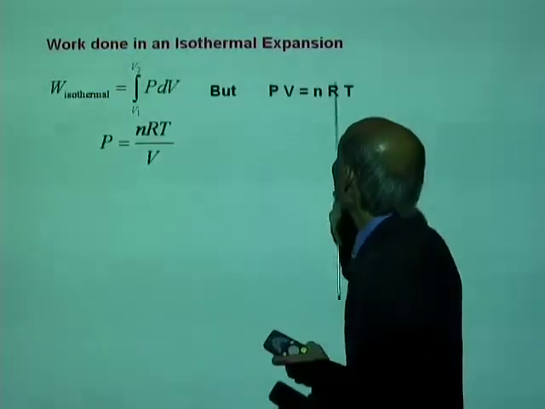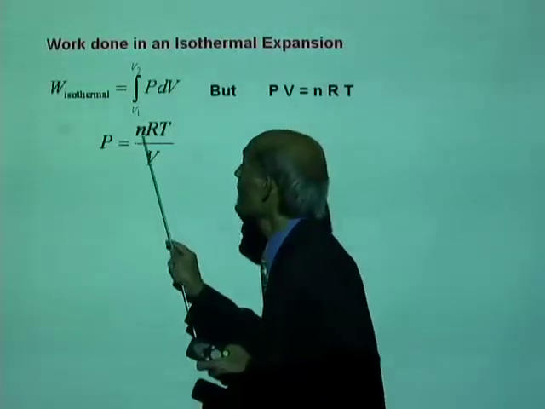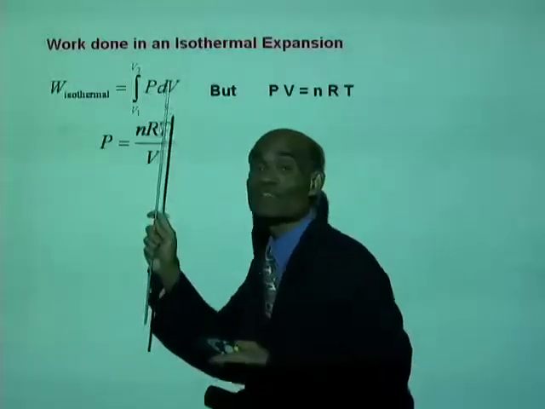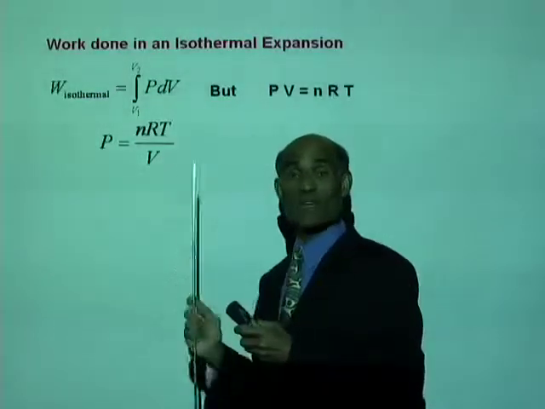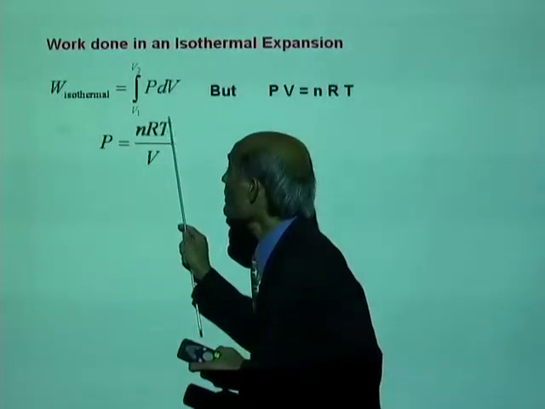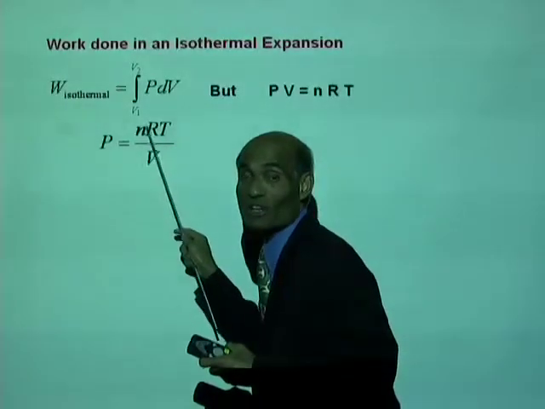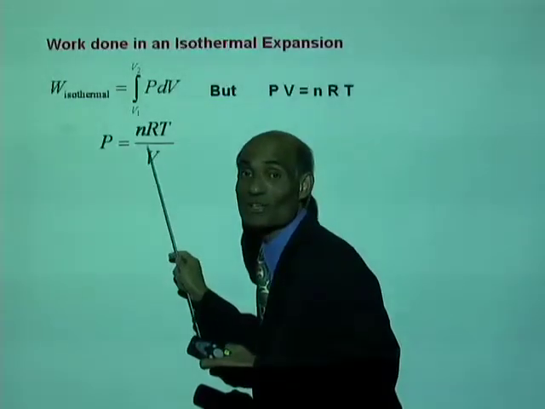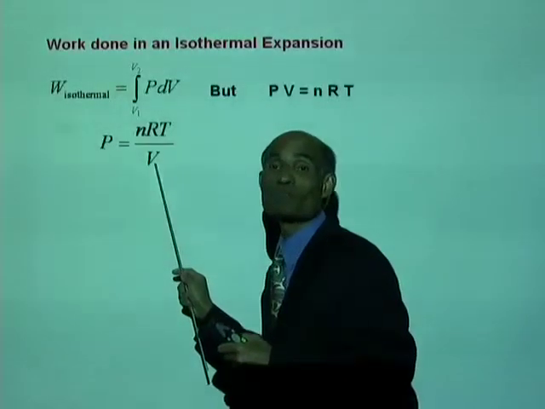P equal to nRT over V. If you notice, nRT is a constant. Isn't T a constant for an isothermal change? Yes. So, because the change is isothermal, T is a constant, R is a constant, n is a constant. So, we now expressed P in terms of V.